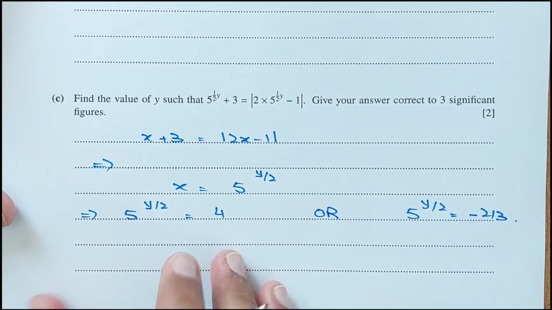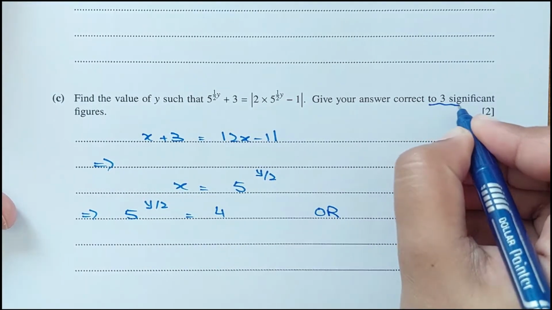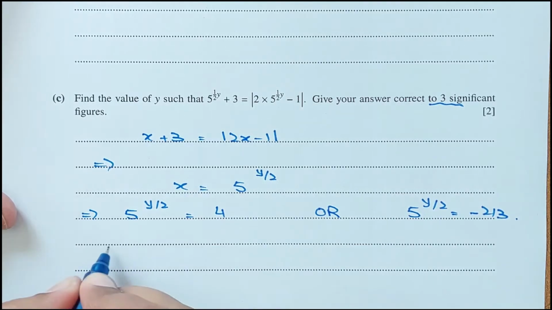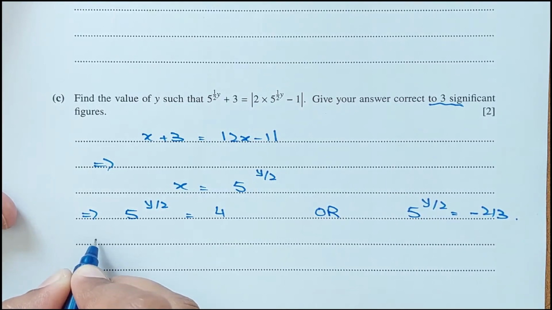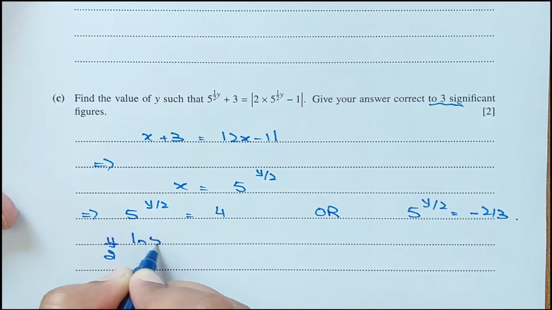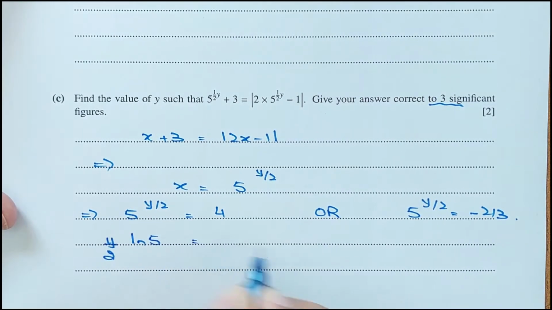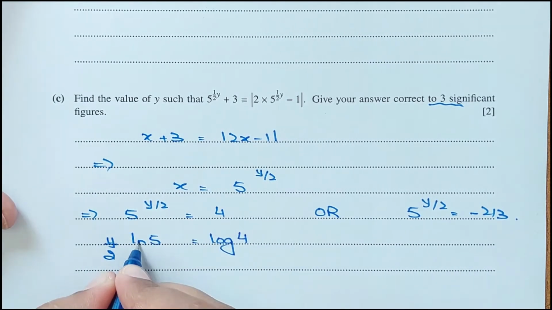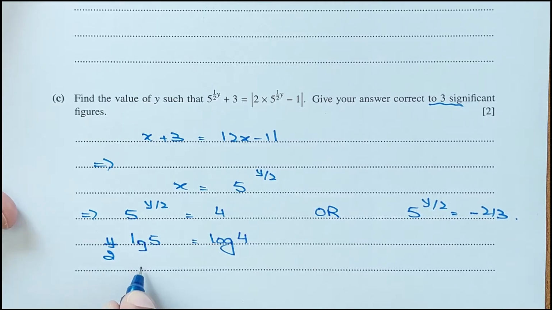Right, so we have to find up to 3 significant figures, the value of y. So taking log on both sides, we can say y over 2 log 5 equals log of 4. No need to take ln, taking log, sorry. Okay, and what is y?